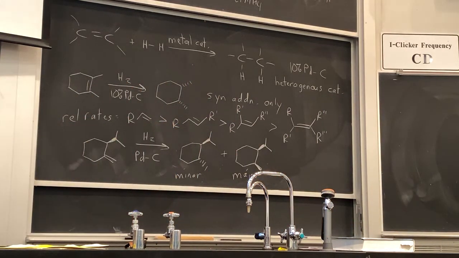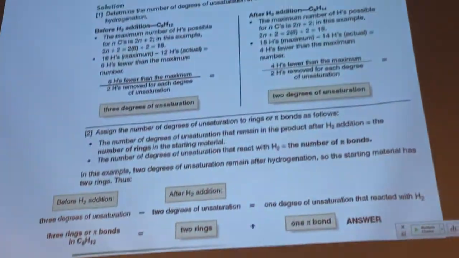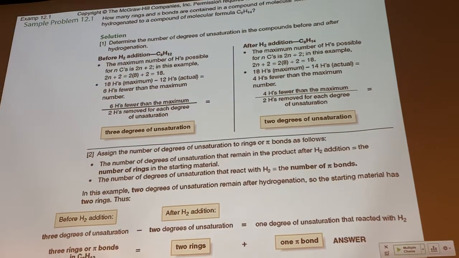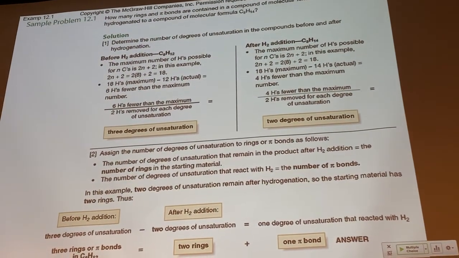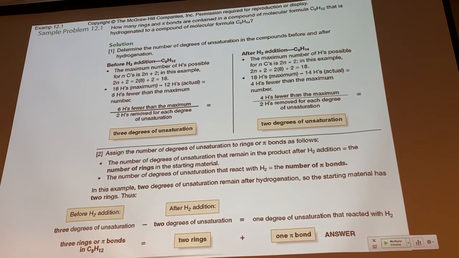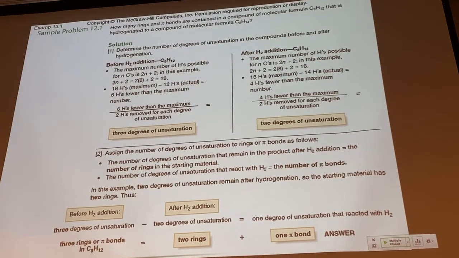So a couple other applications of hydrogenation. We have degrees of unsaturation, something we've briefly referred to earlier in the class, and that can be determined from a molecular formula. In this particular sample problem, we have 3 degrees of unsaturation in the molecule C8H12.